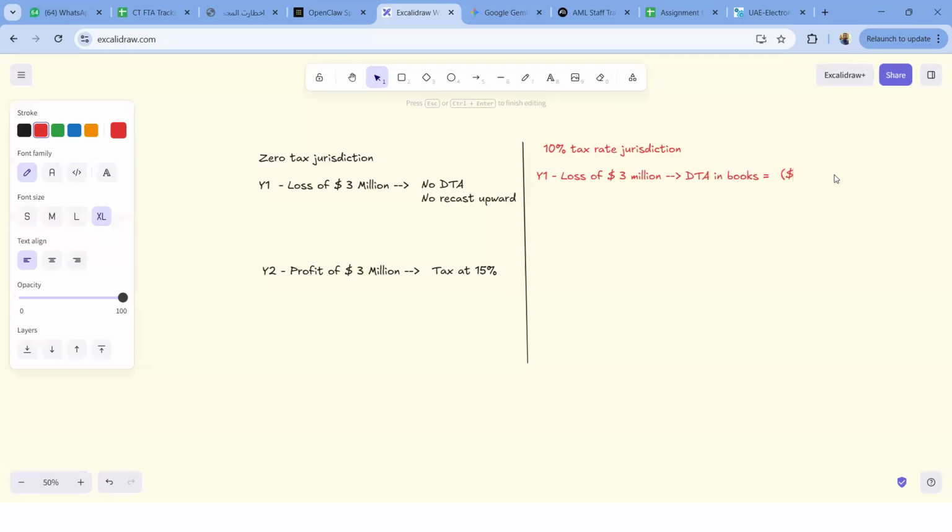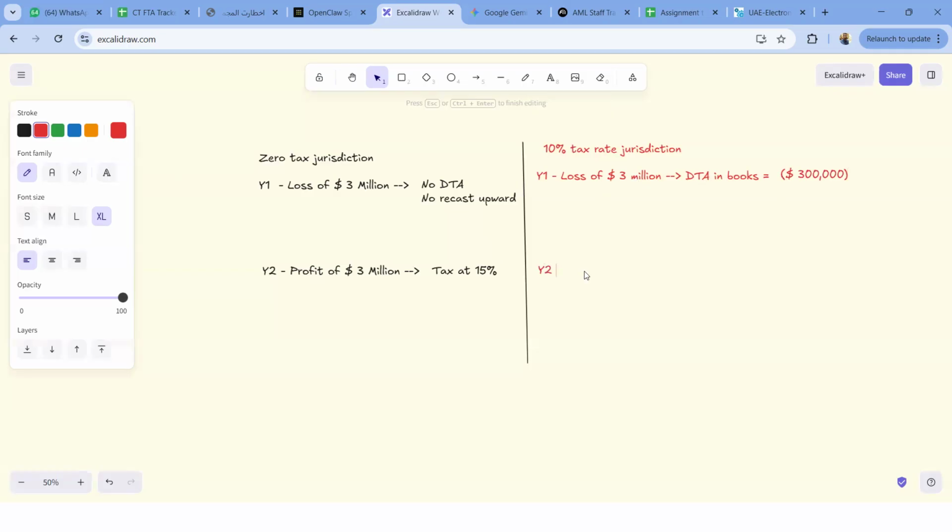This would be a negative figure in my current taxes, right? That year, would I pay anything? No, because I'm having a loss. Since I'm having a loss, there is no top up tax. The ETR, the covered taxes, would have a DTA which is negative. Clear? Now let's roll forward to next year.